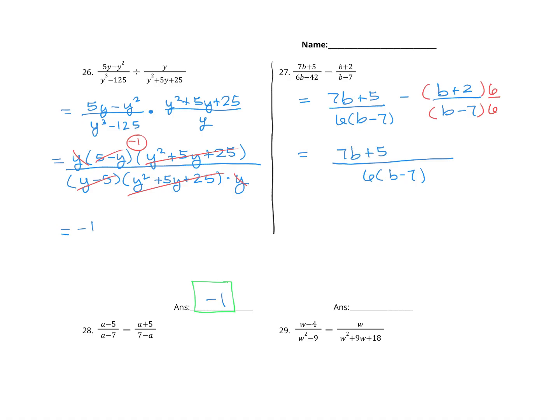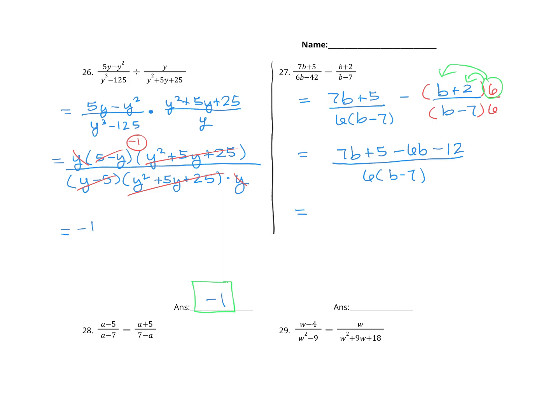And now I have to carefully distribute that 6 to both the b and the 2. So that's going to be minus 6b and then minus 12.